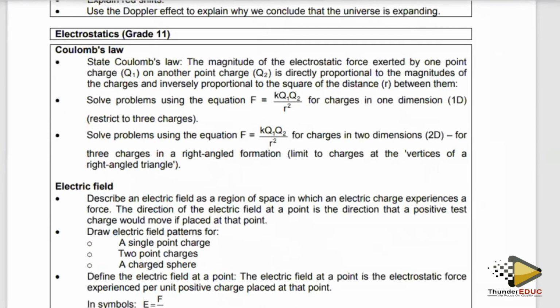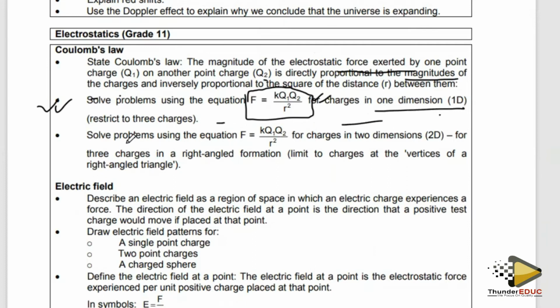Number one, we need to know how to state Coulomb's law, that the magnitude of electrostatic force exerted by one point charge on another is directly proportional to the magnitudes of the charges and inversely proportional to the distance between them. To be able to solve problems using this Coulomb's law equation, that is for 1D, where the charges are placed in a single line. And then solve problems with 2D, where we have a 90 degree somewhere, somehow.